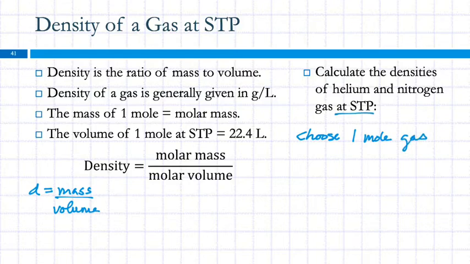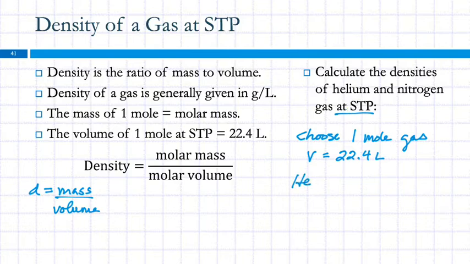I've already been told it's at STP. So what's the volume of 1 mole at STP? 22.4 liters. What's the mass of the gas? Depends on the identity, right? So helium gas.